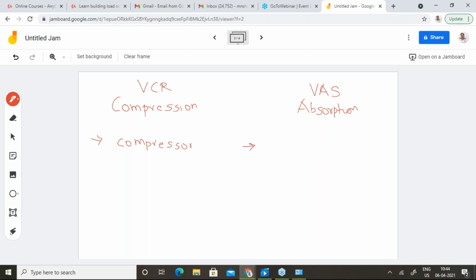But instead of a compressor, it has got three major components. One is the absorber, followed by a pump, and followed by a desorber. Mind well that the desorber is also called the vapor generator.